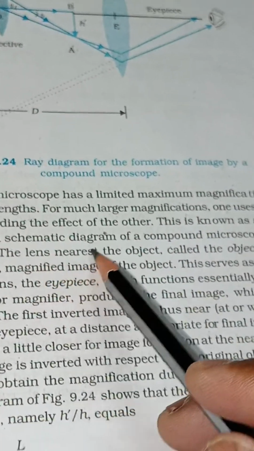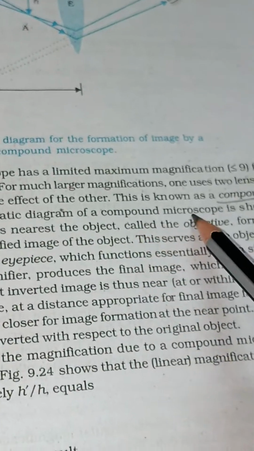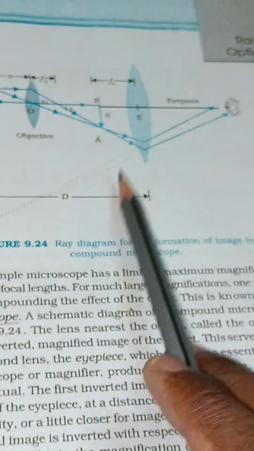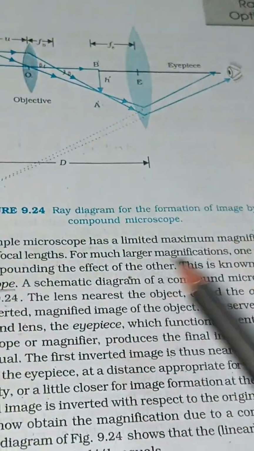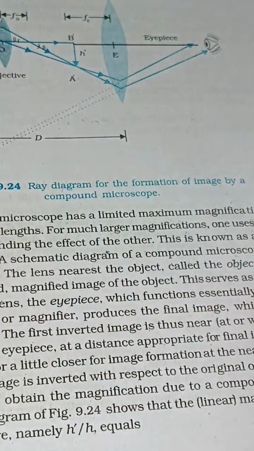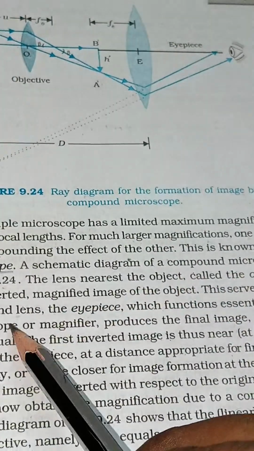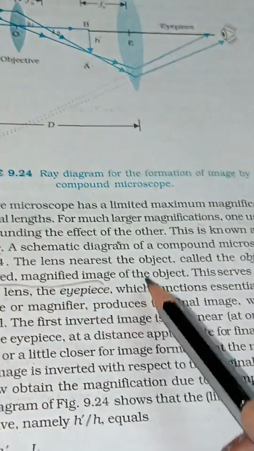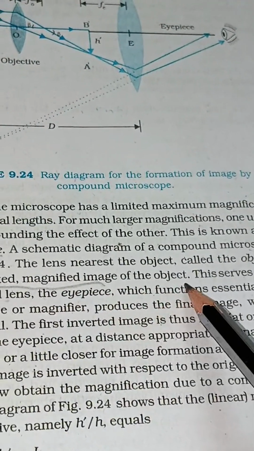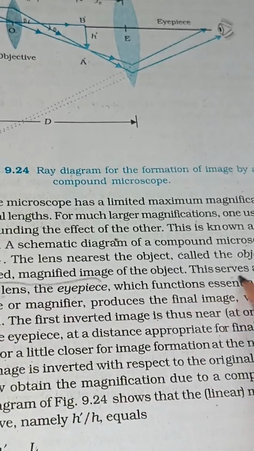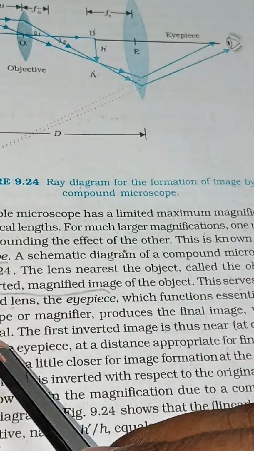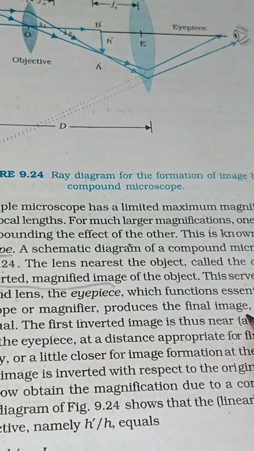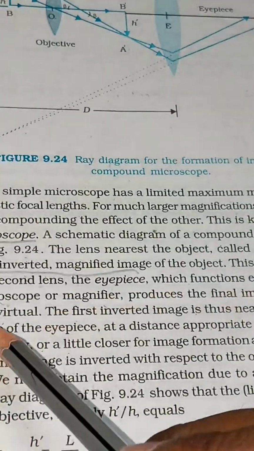A schematic diagram for a compound microscope is shown in this figure. The lens nearest the object, called the objective, forms a real, inverted, magnified image of the object. This serves as the object for the eyepiece, which functions as a simple microscope or magnifier and produces the final image, which is enlarged and virtual.